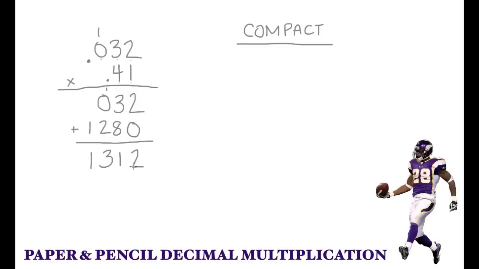But my answer down here only has 4. If I start here and I count over 1 place, 2 places, 3 places, 4 places, I have to go 5 places before I put a decimal, which means I have to fill in something here. And I fill in a 0.